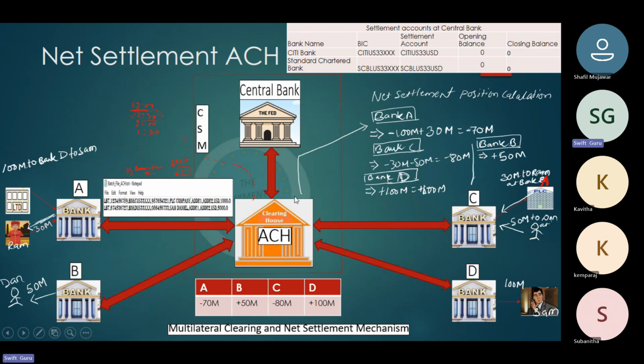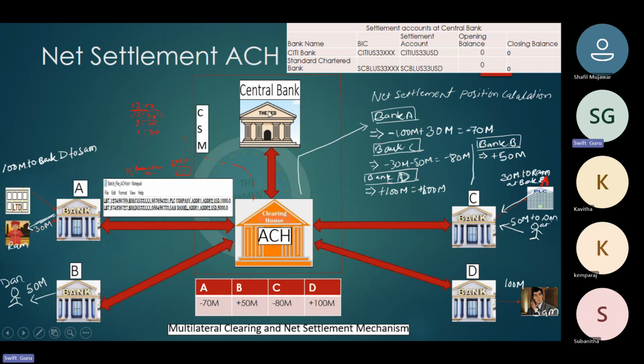Now, these positions will be sent out to each of the banks via some statement reports, and they would expect the respective funds from those who are in negative positions to be credited into their accounts, which are held at a central bank. Now, bank A is a minus 70 million. They would have agreed that within this particular interval of time, they have to credit into their account.